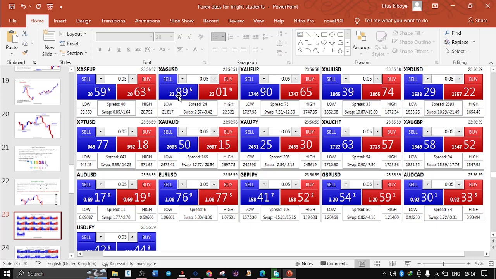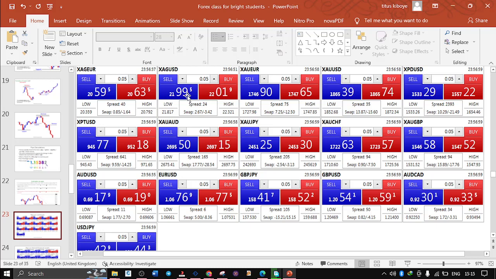The next is 99 pips. The 1 becomes 199 pips. Then the 21 becomes 2199 pips. Everything is pips, the measurement.